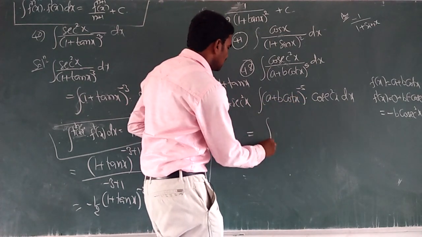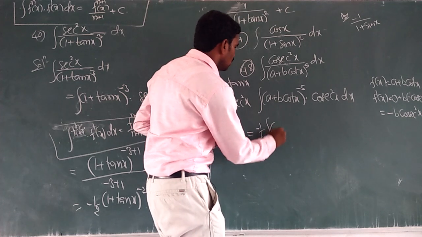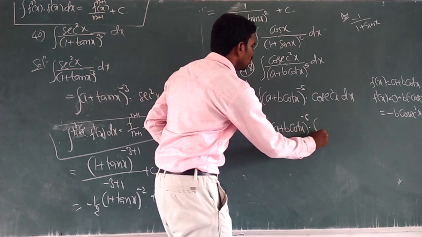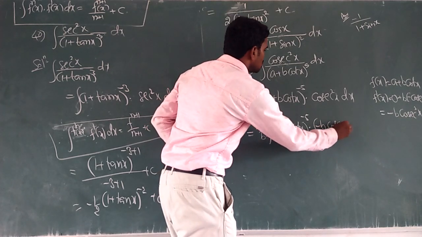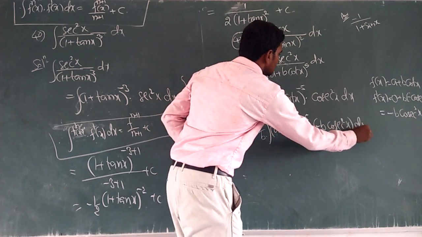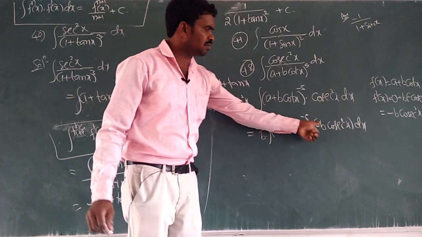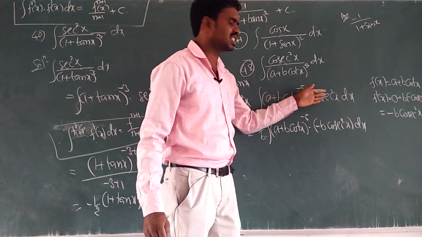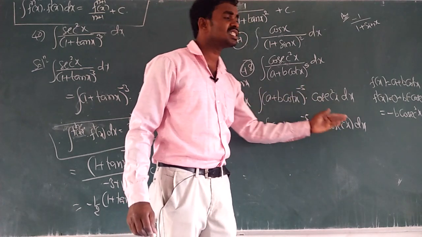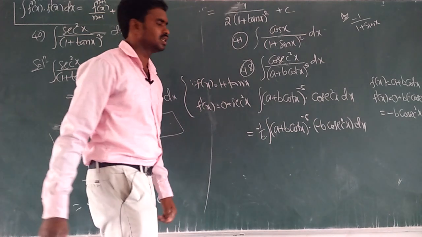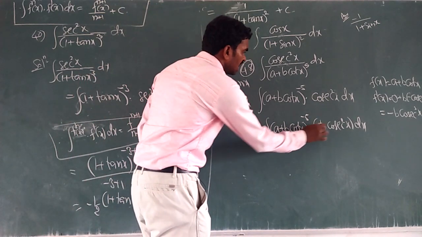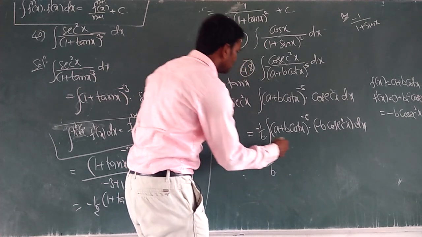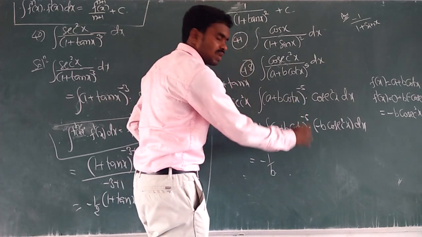So it can be written as minus 1 by b into (a plus b cot x) to the power of minus 5 into minus b cosecant square x dx. Divided and multiplied with minus b, because the derivative of this function is not this one, it is this one. So to get this, I multiply and divide with minus b. Now this is the function and this is its derivative. So it is minus 1 by b into the formula: function power n plus 1 by n plus 1.